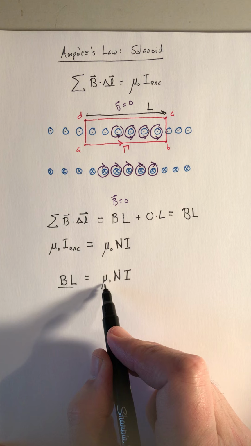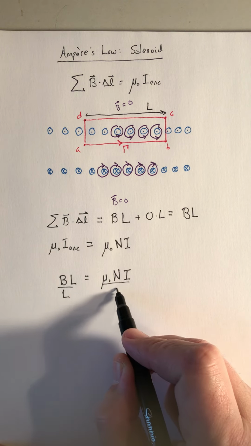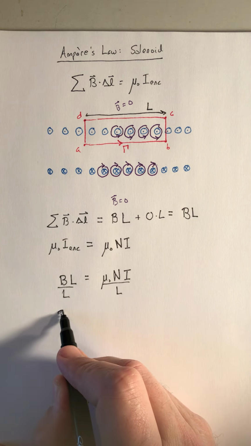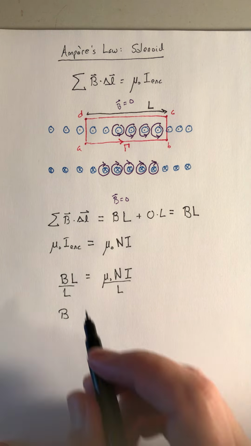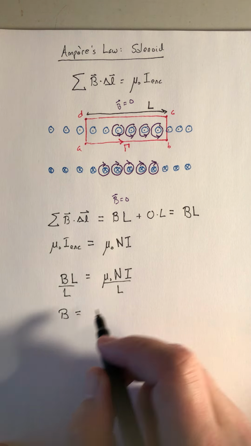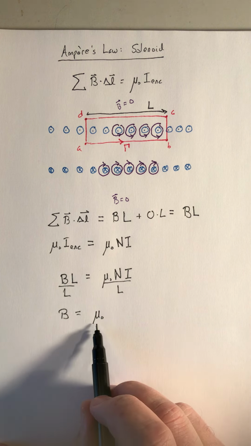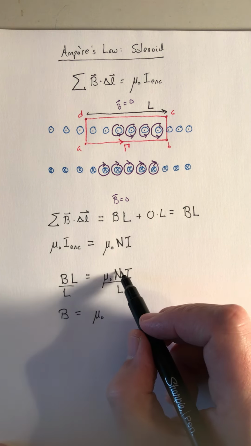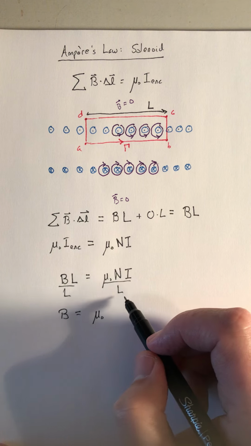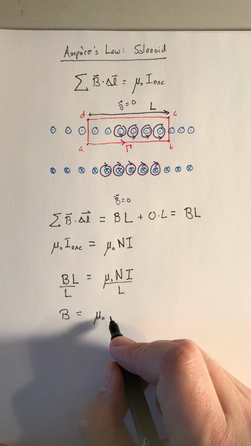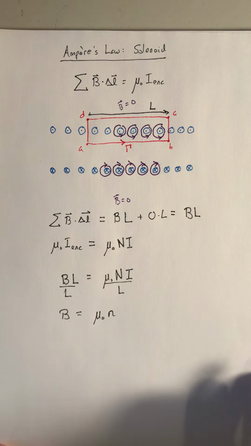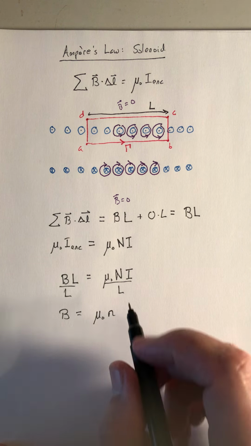Divide both sides by L. The magnetic field inside the solenoid is uniform. I have the permeability of free space, mu naught. Big N, the number of turns over the length L, is written out as the turns ratio, little n.